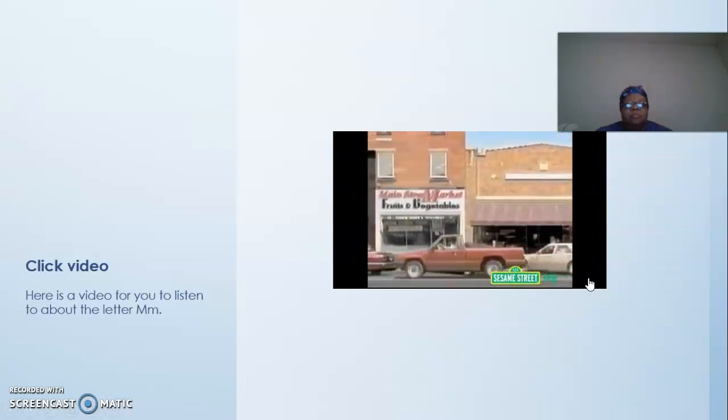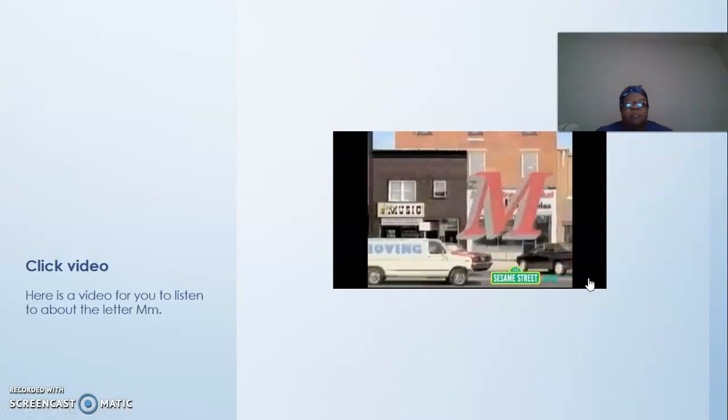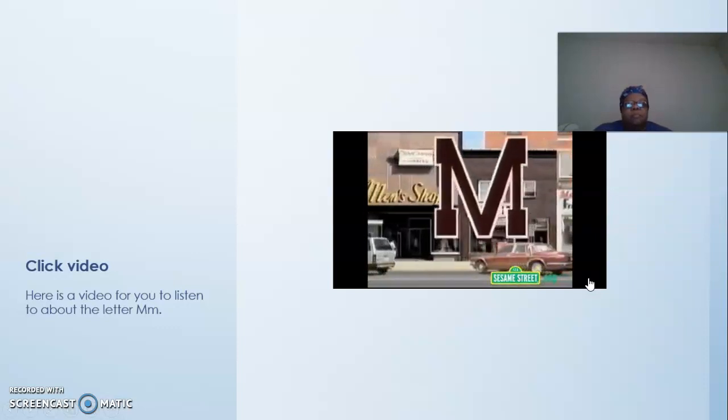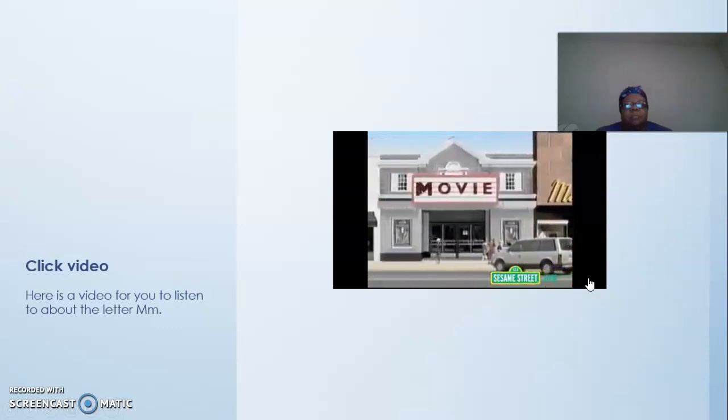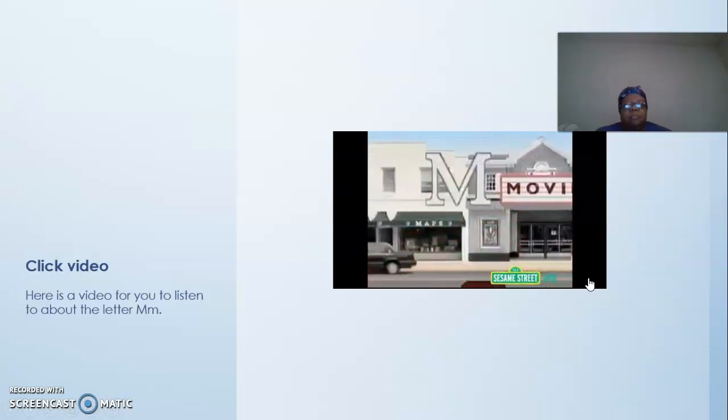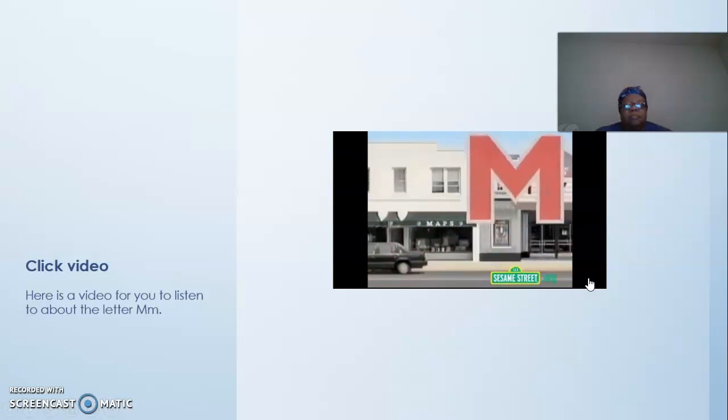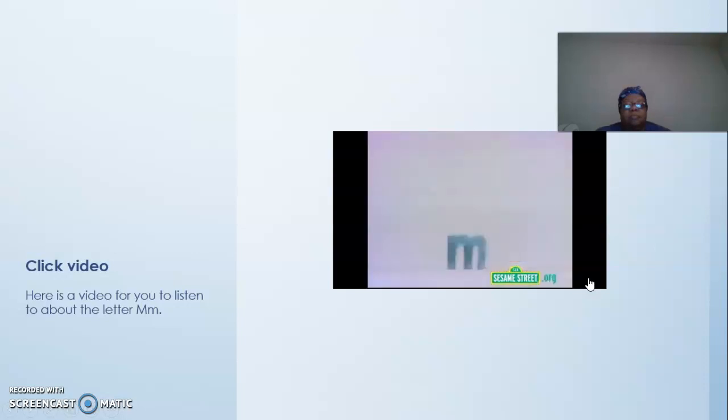Market. M. Music. M. Men's shop. M. Movie. Maps. M. M. M.